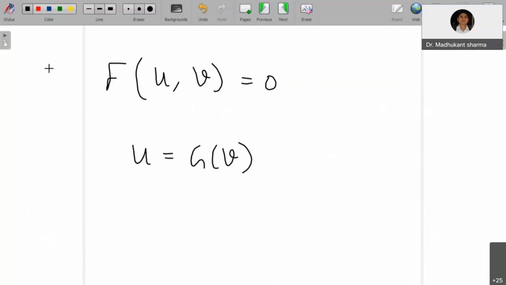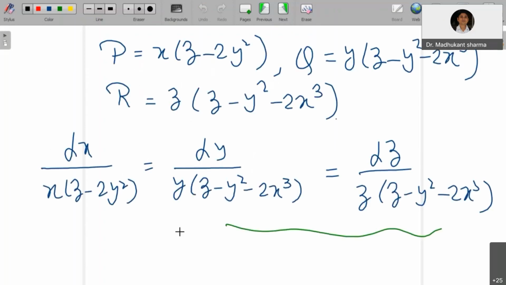So this will be a general solution for the given first order quasi-linear PDE by using the method of Lagrange.